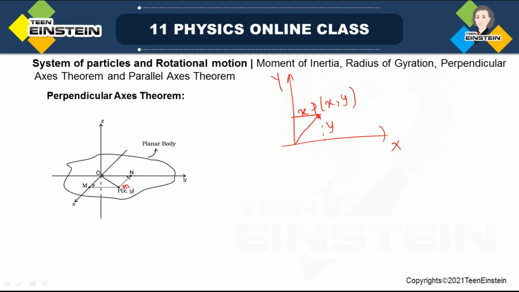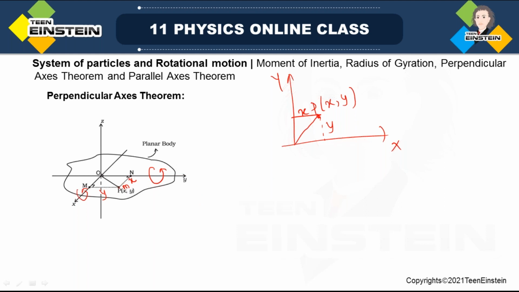So this distance is x, the distance from the y-axis. If this is the rotation axis, this mass is x distance away from the y-axis. If I take the x-axis as the rotation axis, then this particular object is y distance away.